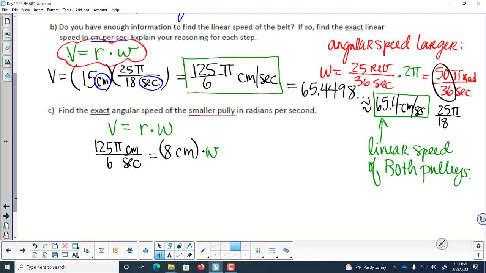So how are we going to get this thing all by itself? Divide by 8. So we're taking 125 pi over 6 centimeters per second and we're dividing by 8. Now, how you write that is up to you.